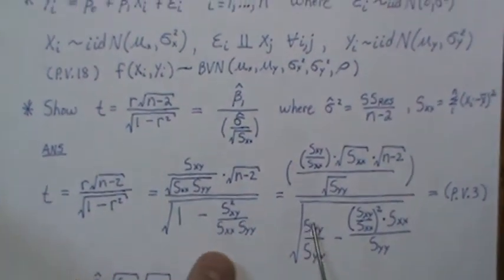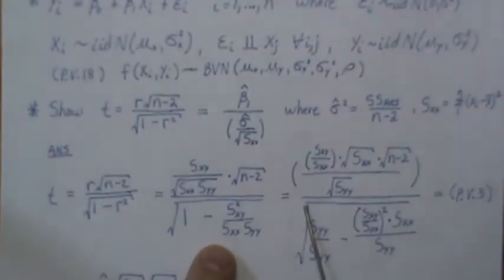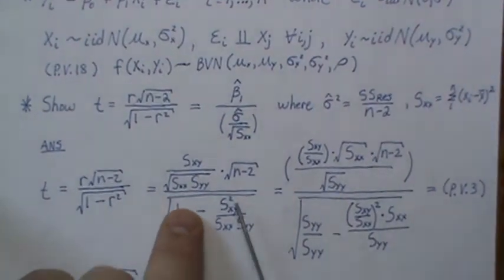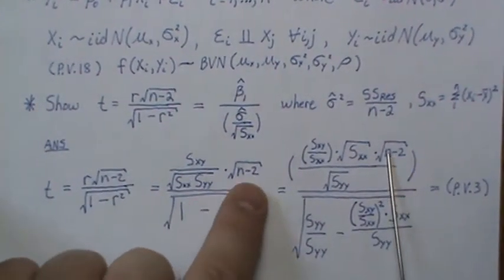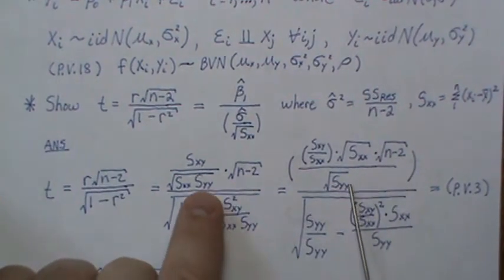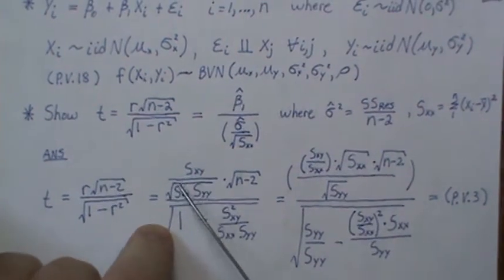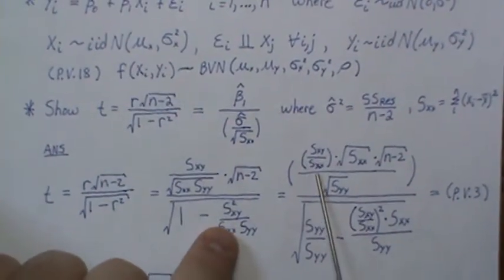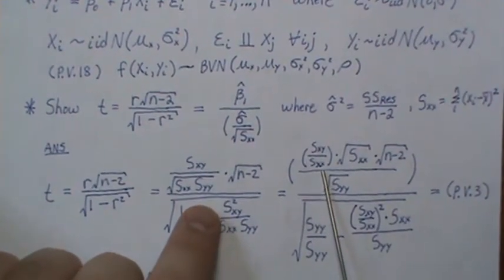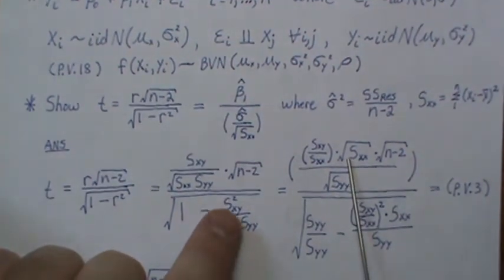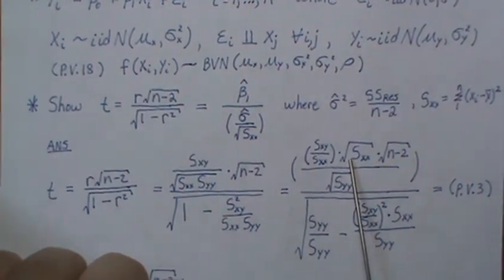Now, in this case, the n minus 2 is the same, the divided by SYY is the same, and then we move this piece to the top, but we multiply it by 1, which is the square root of SXX divided by the square root of SXX.